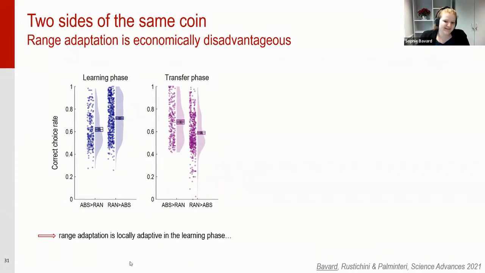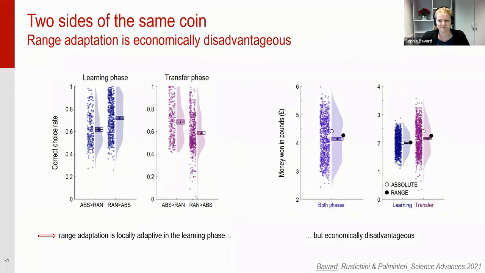So we can say that again, range adaptation is locally adaptive in the learning phase, but when we look at the average money won in the experiments, because participants were actually paid with the number of points that they received, in this case, the range model would predict less money won. So the range model is able to predict the money that was actually won by participants. This is the average for the whole task, and this is the split between the learning phase and the transfer phase.